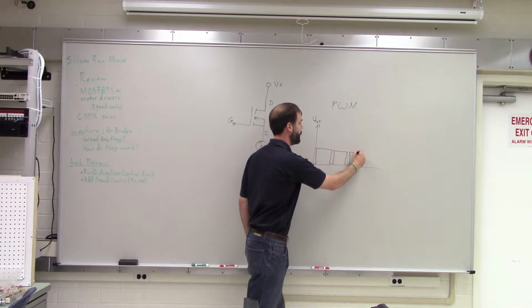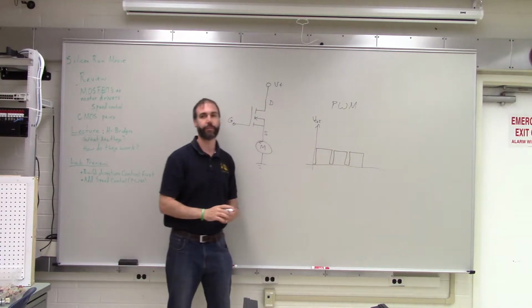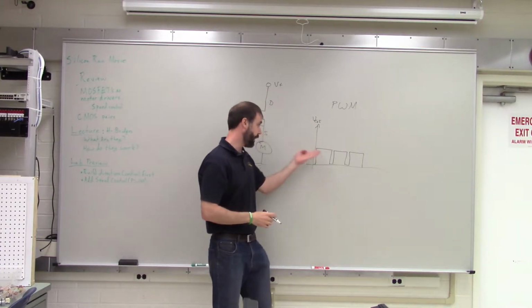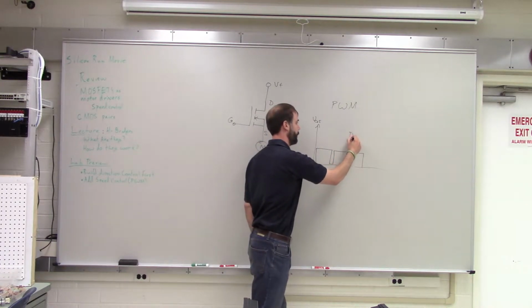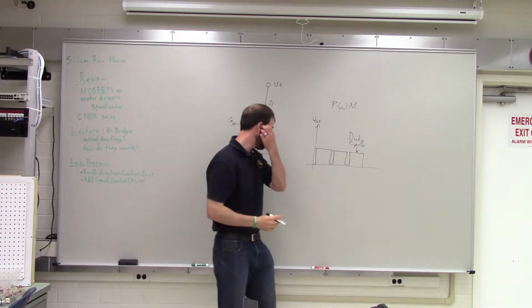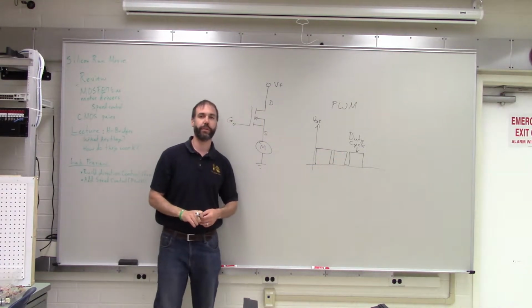And then that would give us an average voltage that was pretty high. We said that the percentage of the time that the pulses were on was the duty cycle. So if it was on for 90% of the time, we would say that was a 90% duty cycle.